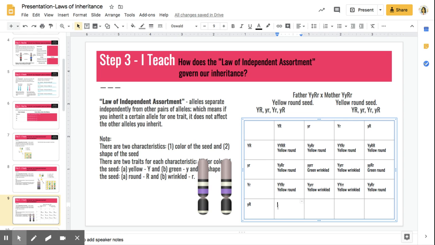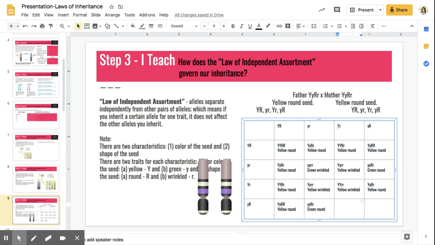Last row. So we have dominant, recessive, heterozygous, dominant, dominant, homozygous dominant. We have yellow, round. Okay? And then recessive, recessive, recessive, dominant, heterozygous. And then we have green, round.